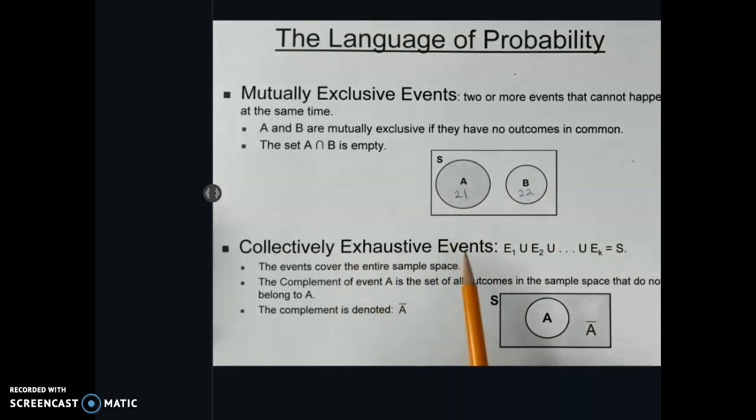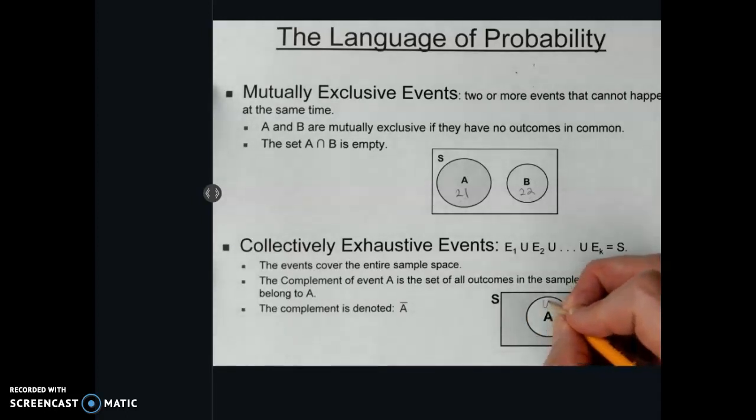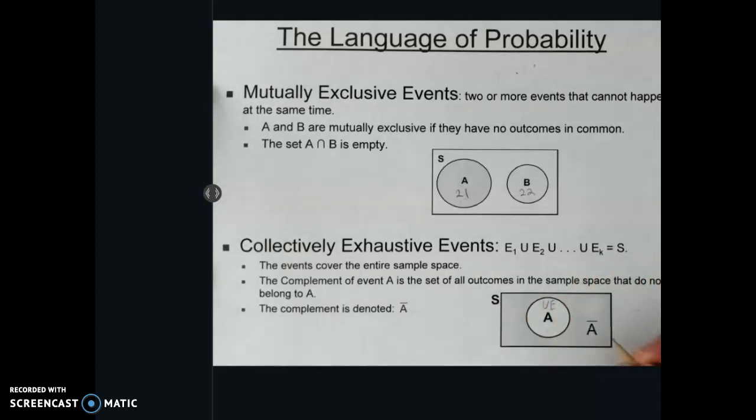Collectively exhaustive events are where the events cover the entire sample space. For example, let's say that the sample space is the US population, and we define A as the event of people that are unemployed. Well, the remainder of the sample space, A complement as it's called, must be everybody that is employed.